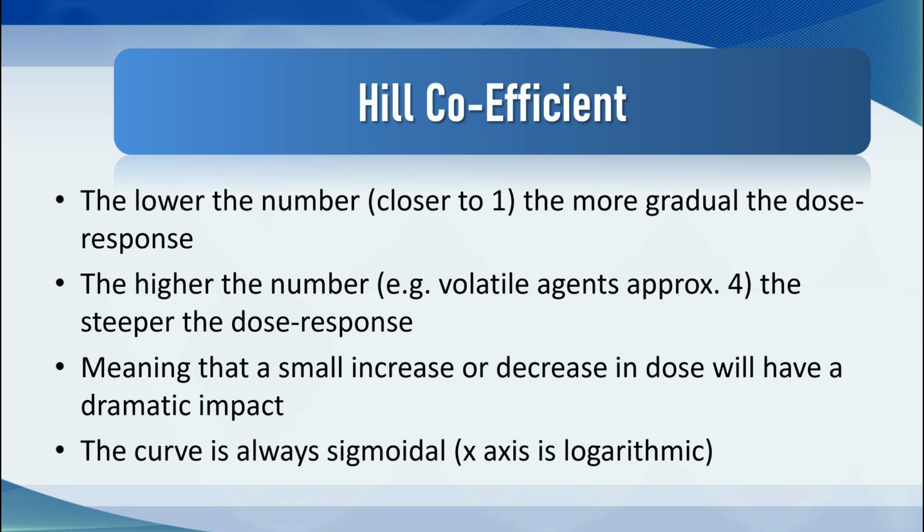The Hill coefficient describes how sharply drug effect changes with concentration. A value close to 1 produces a shallow dose response curve, whereas higher values produce steeper curves, meaning small changes in drug concentrations lead to large changes in clinical effect. The curve is always sigmoidal, as the x-axis is logarithmic.